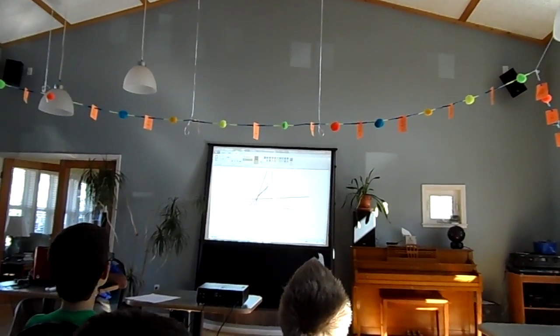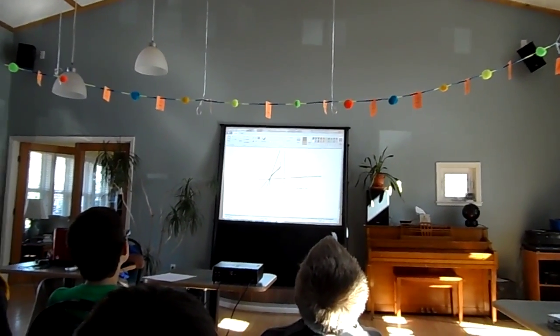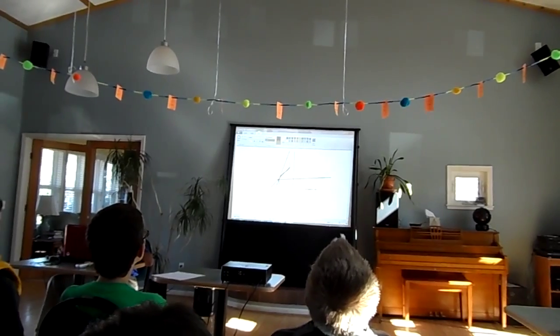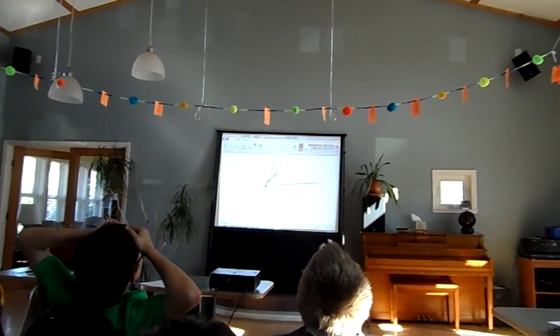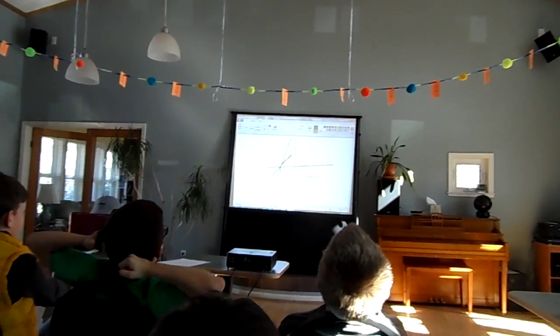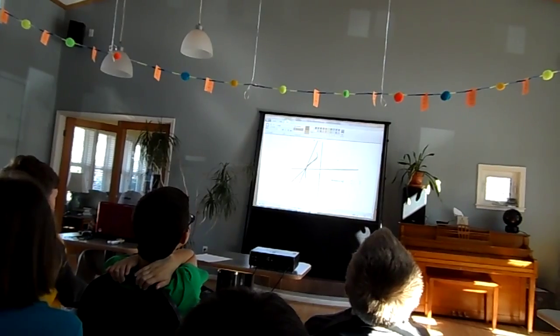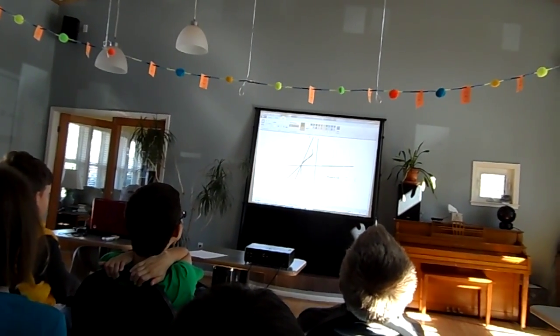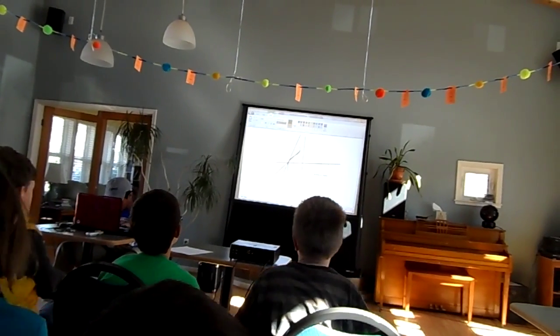So the rise of this is f of h plus delta h minus f of h. And this is all divided by the run, which is h plus delta h minus h, or delta h.